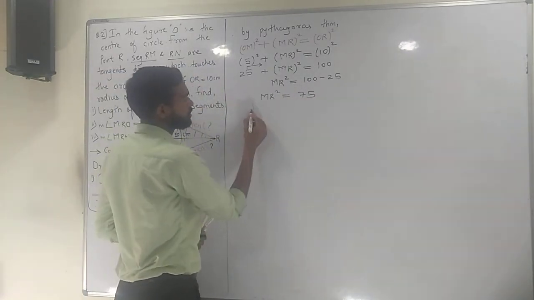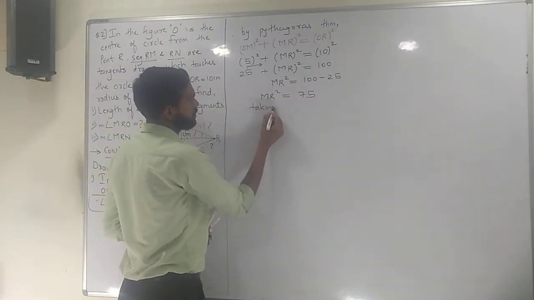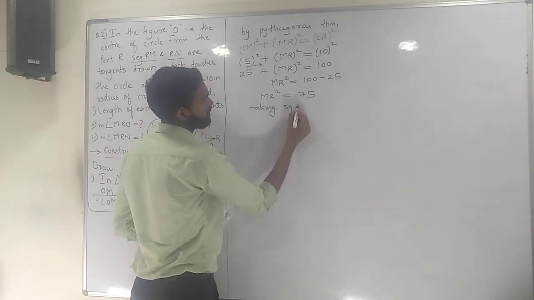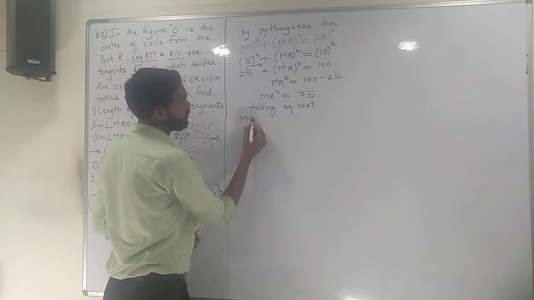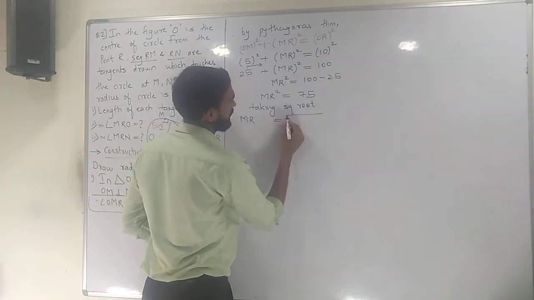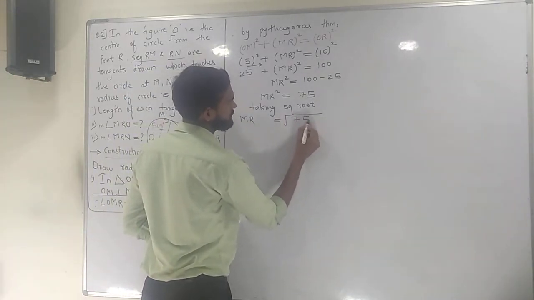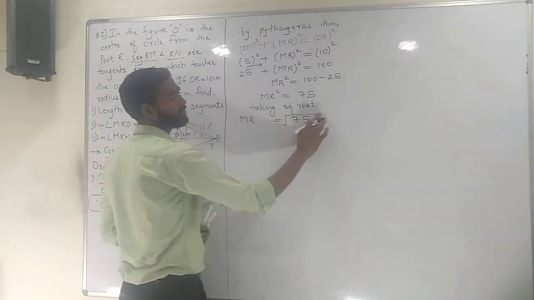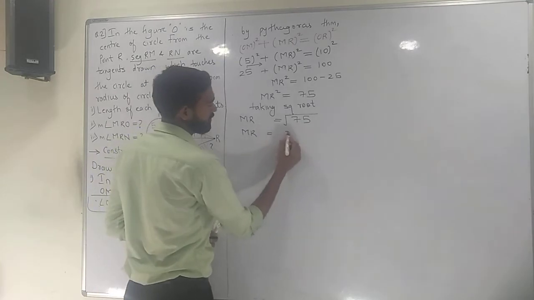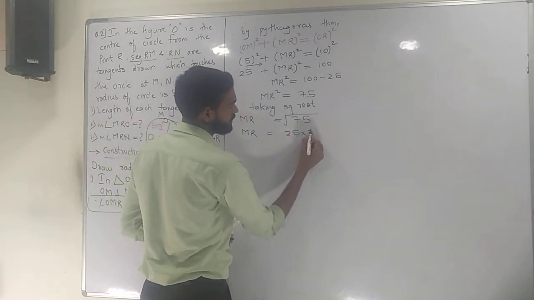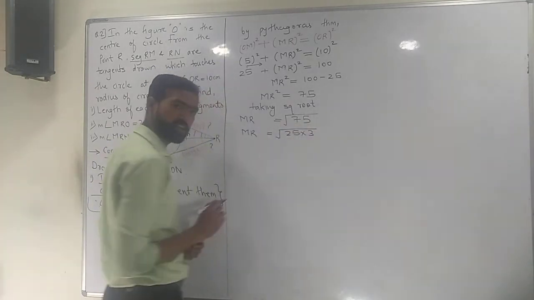Now taking square root, we'll write taking square root. So the square root here will give me MR, that side will be square root 75. How can we write this 75 in the square root? Can we write this way? 25 into 3. Yes, 25 times 3 is 75.